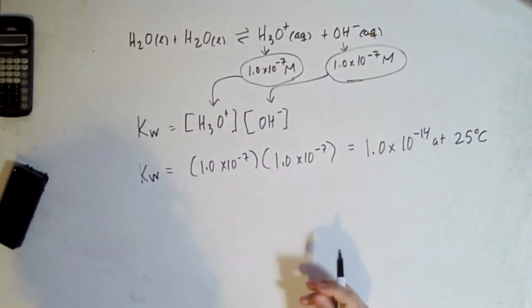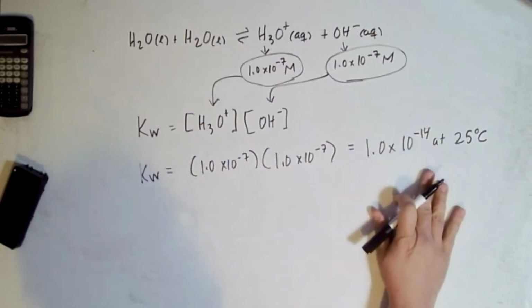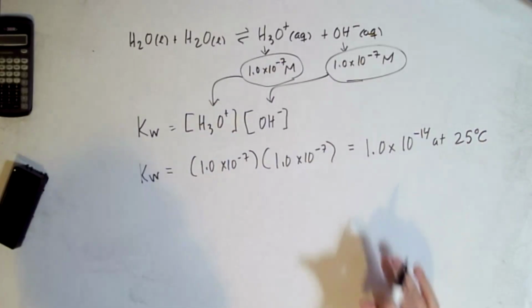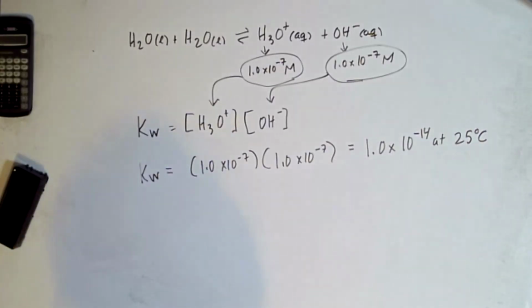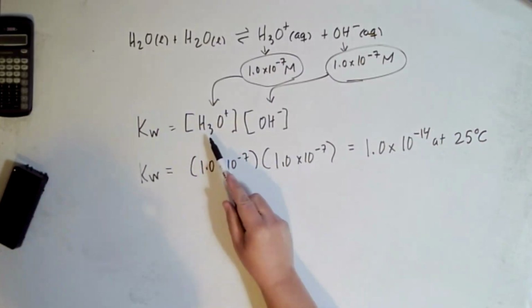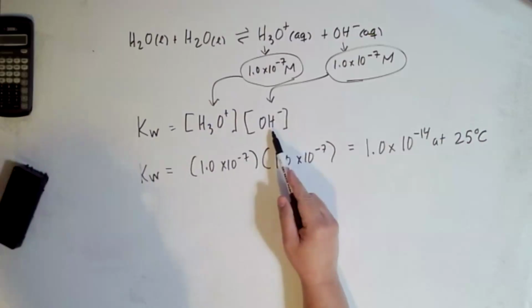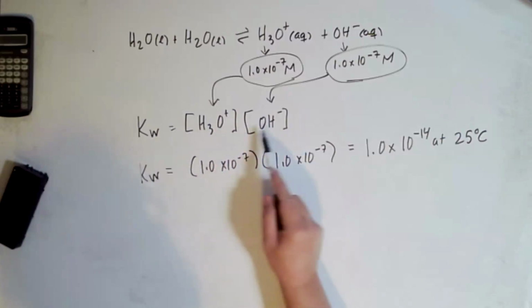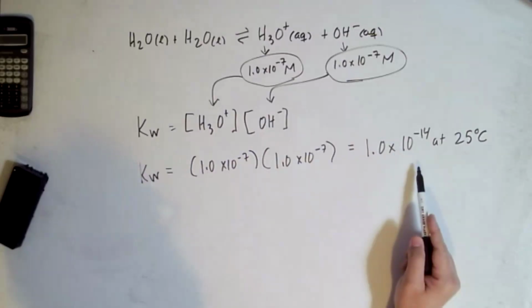Okay. But what that means is that as long as we're at this temperature, if we have an acidic or basic solution, we're going to be able to figure out the concentration of H3O plus, for example, as long as we know the concentration of OH minus, because we know that when we multiply these, it's going to equal Kw.